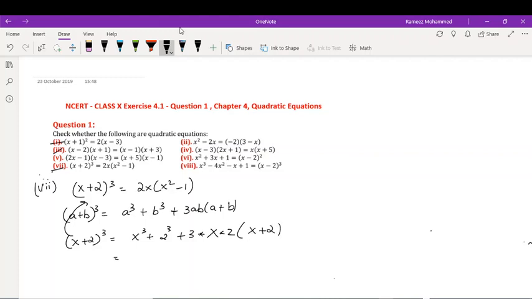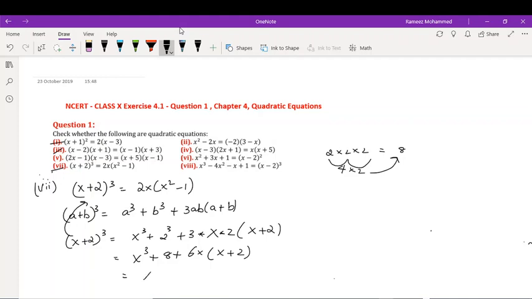So that is x cube plus, what is 2 cube? It is 8. 2 cube can be written as 2 into 2 into 2, that is 2 into 2 is 4, and 4 into 2 is 8. Therefore plus, 3 into 2 is 6, and 6 into x is 6x, so 6x into (x plus 2).